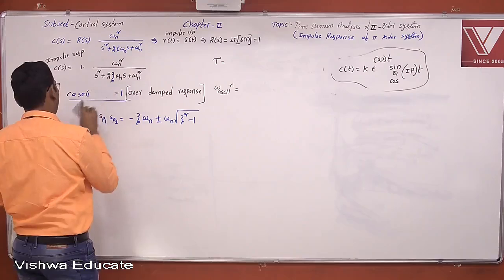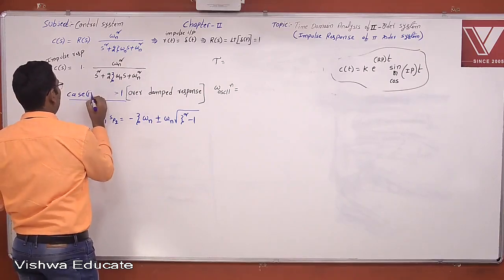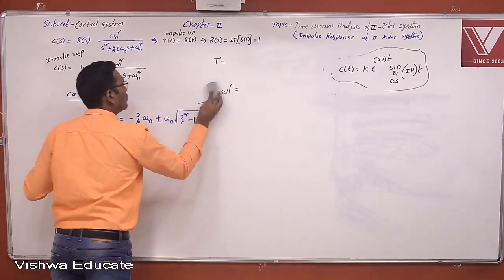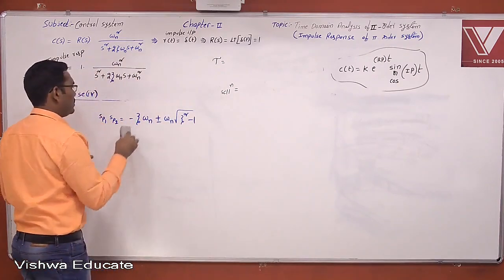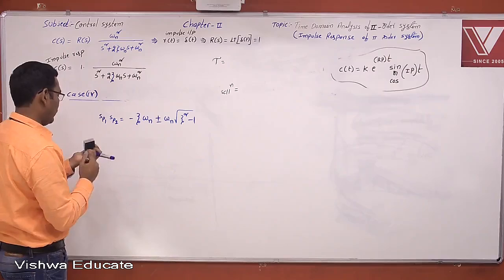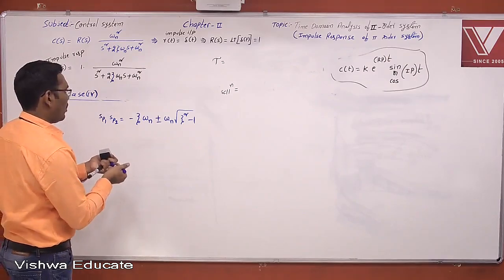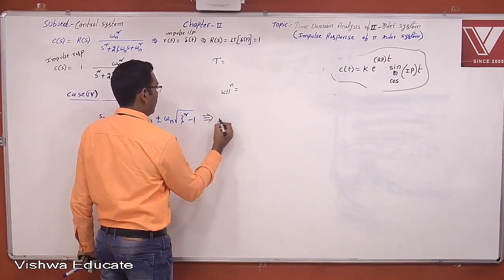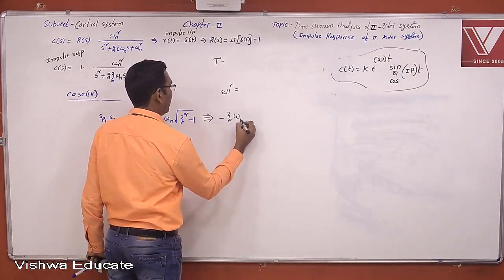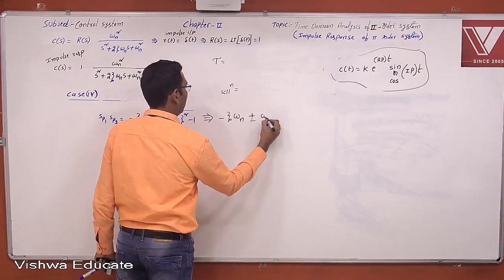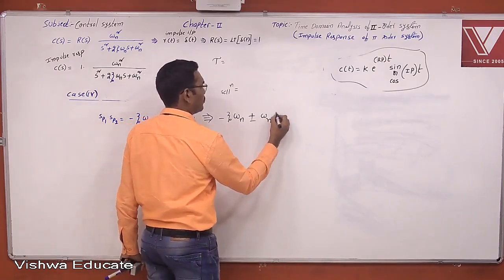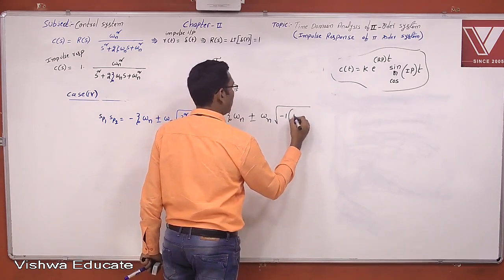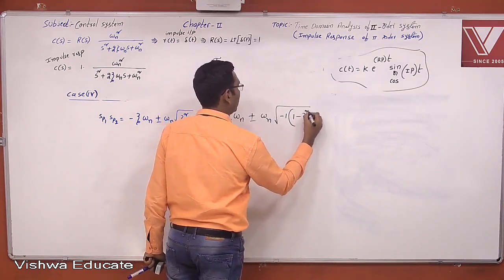Now, we'll see case 4. What is case 4? These are the poles location, previously, for a characteristic equation. Now, in this characteristic equation, what I am doing is: minus zeta omega n plus or minus omega n into square root of, in under root I can take minus 1 as a common, which is nothing but 1 minus zeta square.